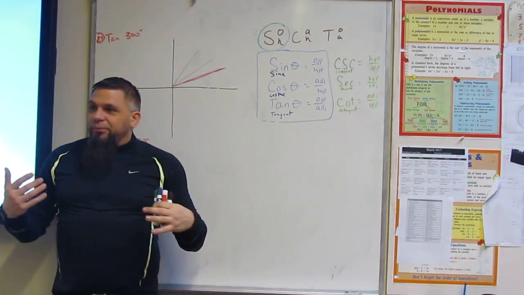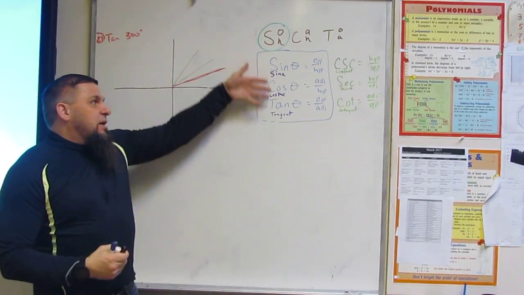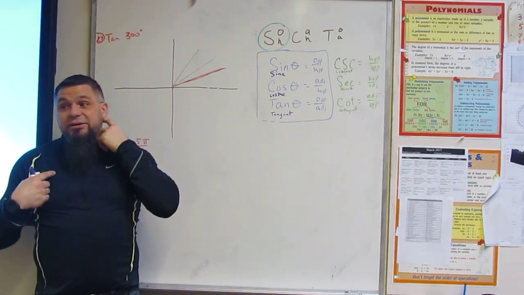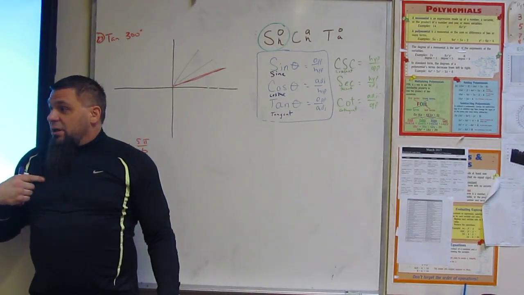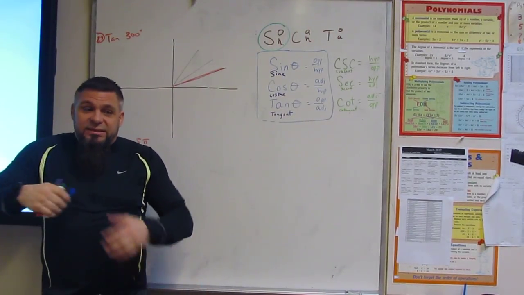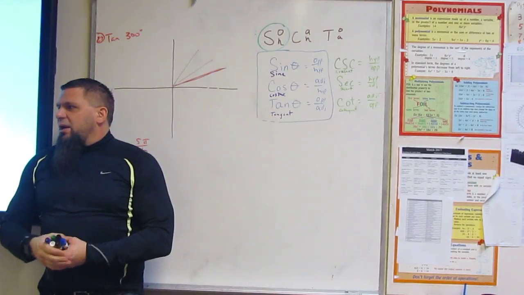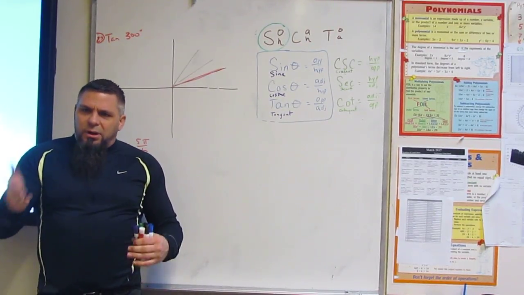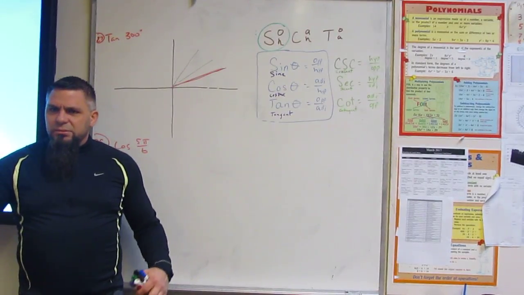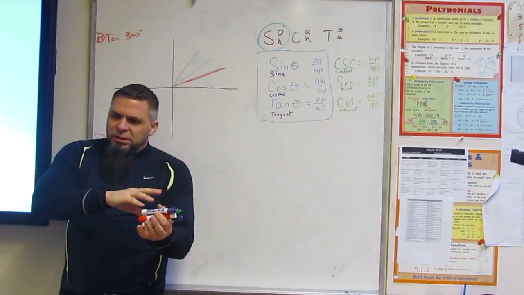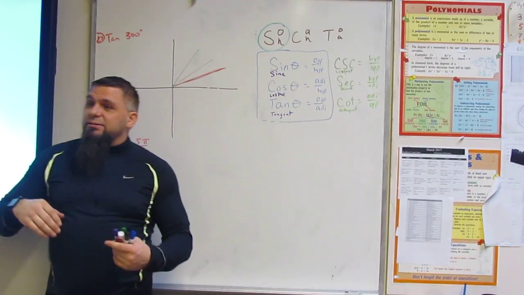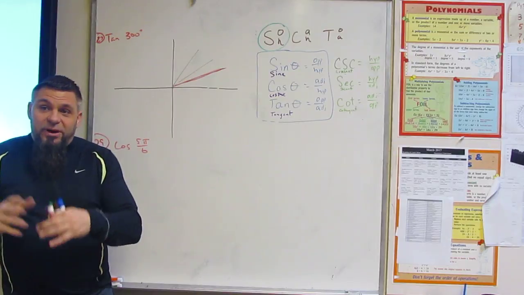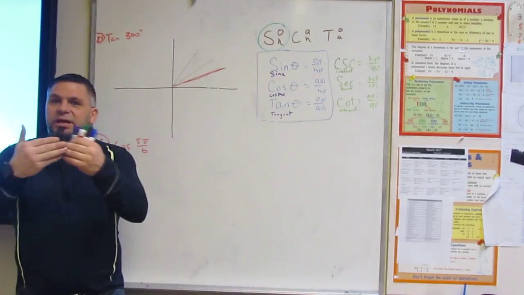Tangent and cotangent, they kind of go together like white on rice. Okay? But with the sine and cosine, I always got confused when I was your age. And no one made it make sense to me. And then I noticed that they're always a co or no co. So one has a co, like cosecant, and one has no co in front of it, like sine. Those go together.